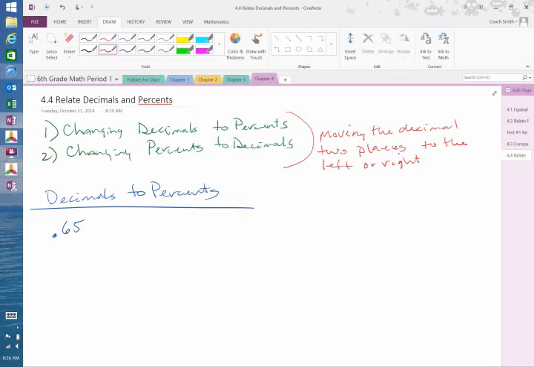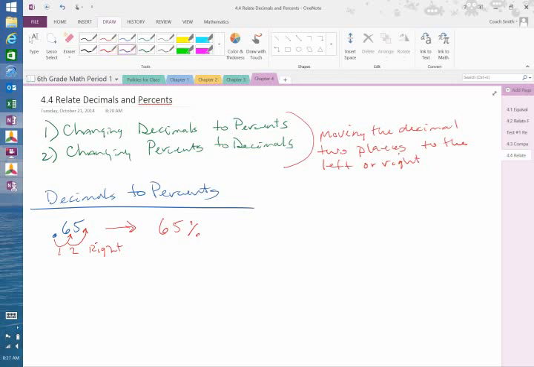I have to move it two places, 1, 2, two places to the right, and that's going to give me 65%. And that's it. It's always two places, and it's always to the right to change a decimal to a percent.